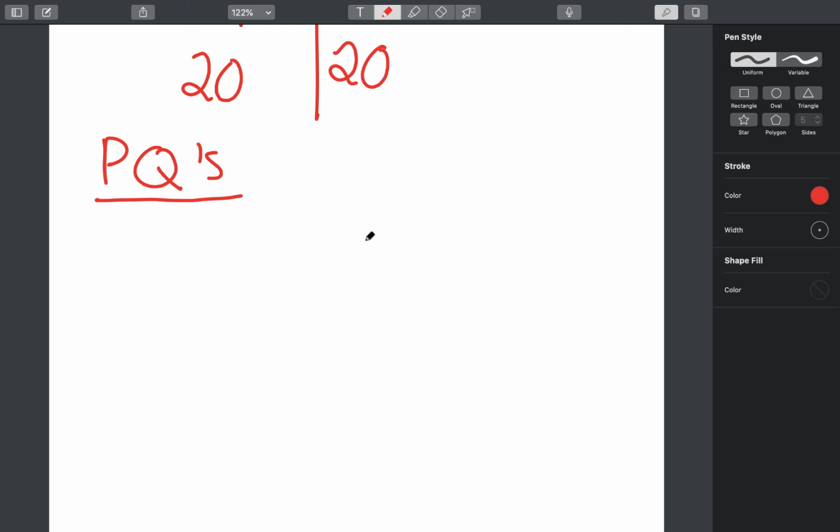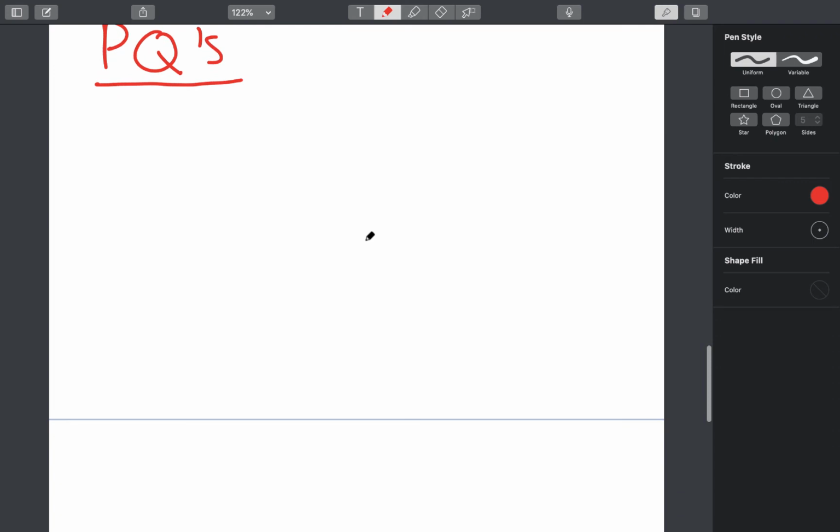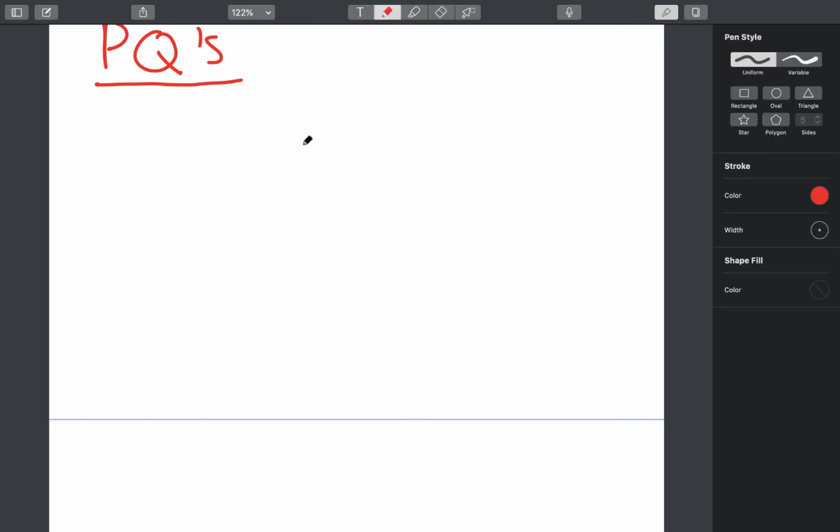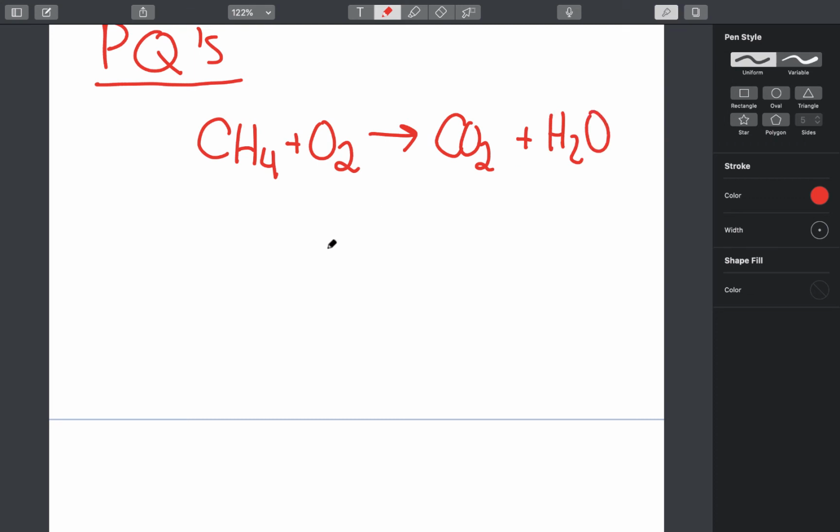So the practice questions that I have for you is, I want you to balance these 2 equations. Okay. So CH4 plus O2 goes to CO2 and H2O. I want you to balance this one.